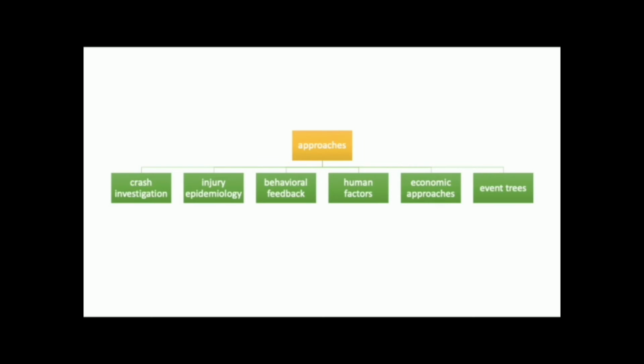Others include crash investigation, injury epidemiology, behavioral feedback, economic approaches, human factors, and more recently, the use of fault and event trains. The last approach is embodied in probabilistic risk analysis, developed for nuclear reactors and now used in other areas.